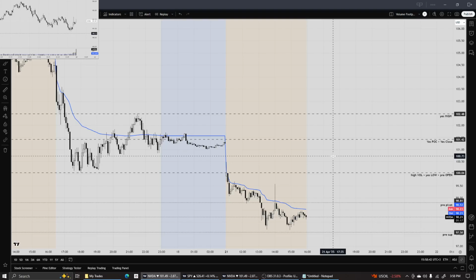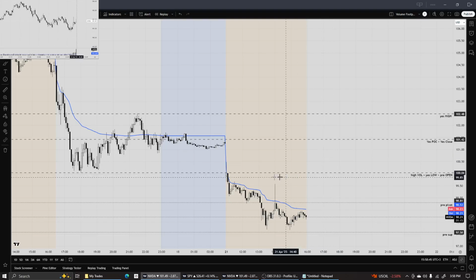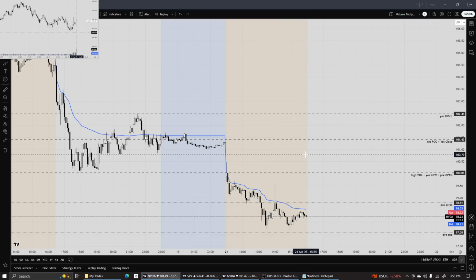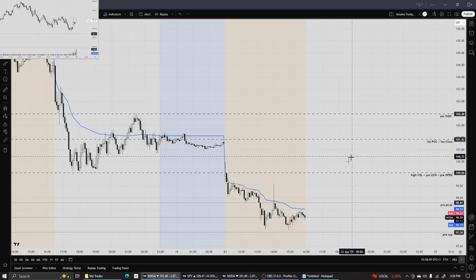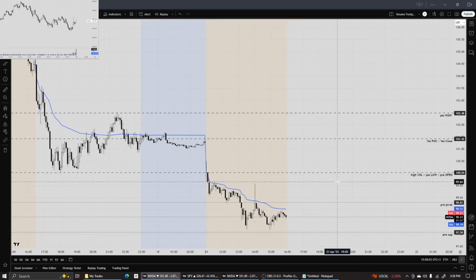I mean, it opened a little bit below, but we are going for the same range. So, of course, let's ignore that. Important levels. 99.5 is important, of course.